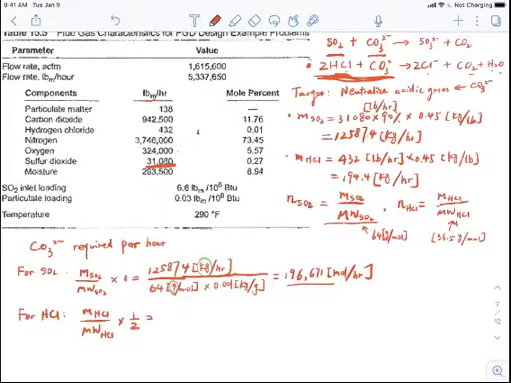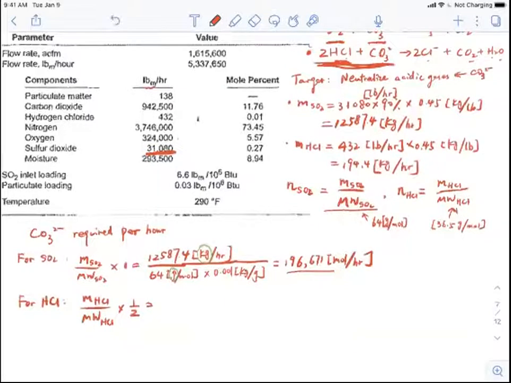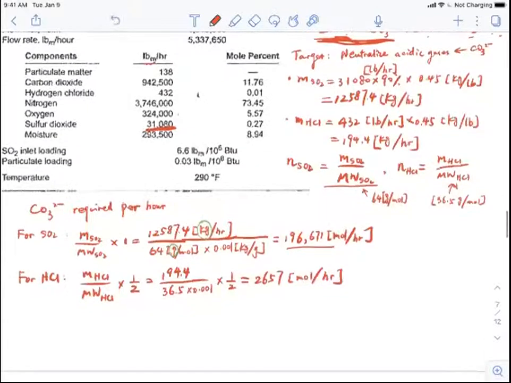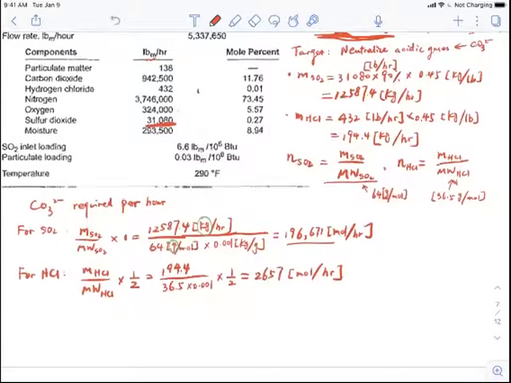So you can find this 194.4 divided by 36.5 multiplied by 0.001. That's 2657. These are the carbonate ions required to neutralize the sulfur dioxide and the hydrogen chloride.